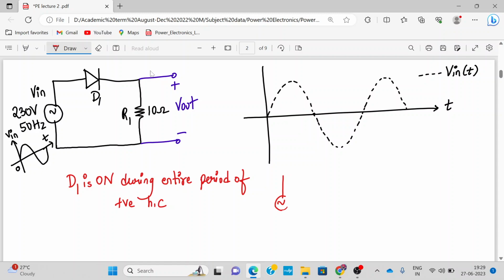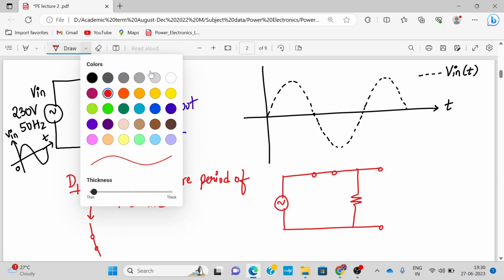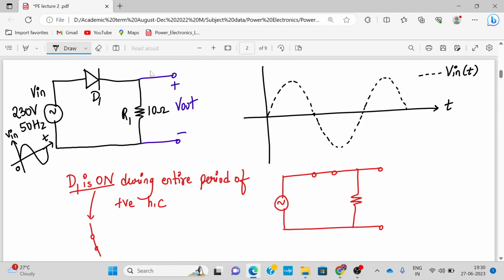Now when we draw the circuit for the entire period of positive half cycle, when the diode is on, it will behave as a short circuit. So let us replace the diode with a short circuit and draw this resistor. Now we have to find out the value of V out. This is my V in which is applied and this is my V out.